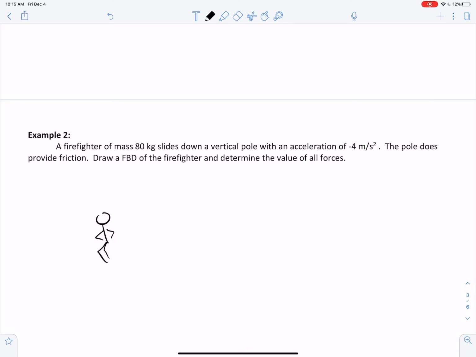So let's start with force of gravity down, 80 kilograms times 9.8 meters per second squared. So the firefighter's weight is 784 newtons.